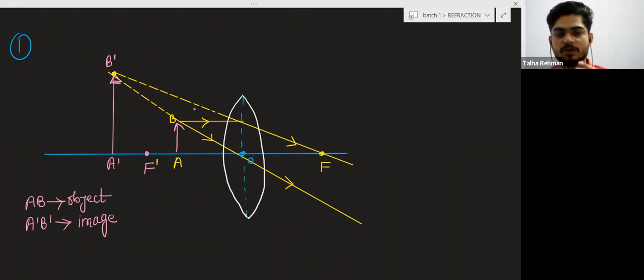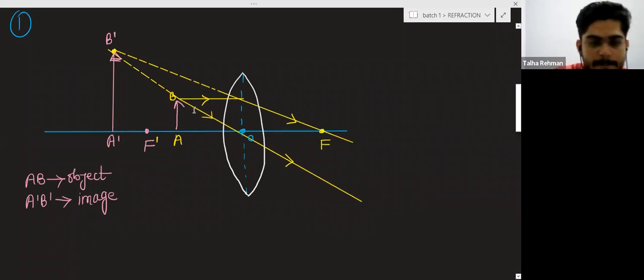In this way you will draw the ray diagram. Now we will conclude from this. We will try to figure out what type of image this is, and what its size, nature, and all that are.